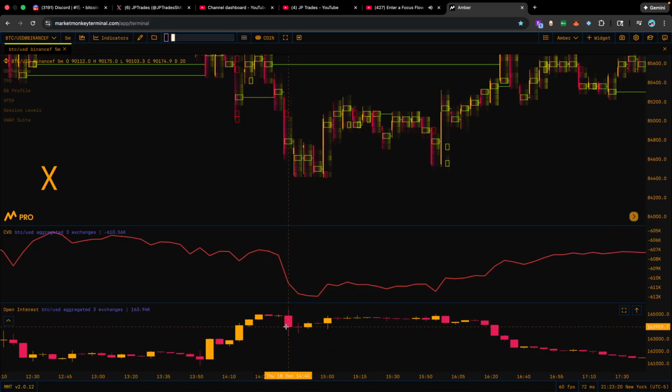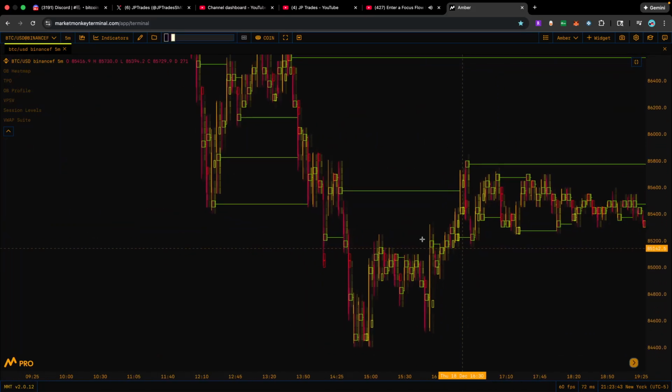And we have an open interest flush right here. And then open interest starts to carry out again. And then it starts to fall with CVD rising. And if you know how to read this, you know what I'm getting at. But again, I'm not going to go into a super long lecture here.